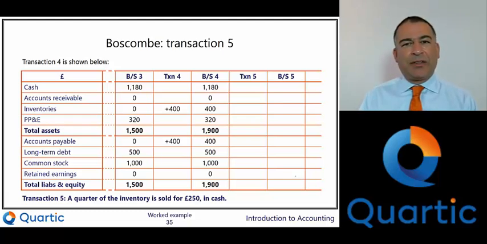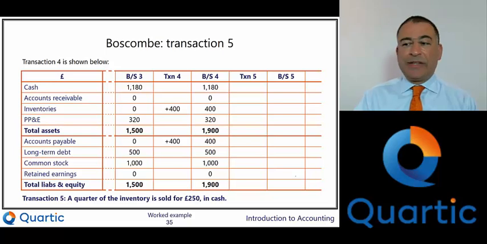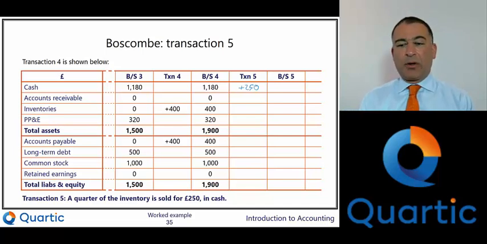Now, the first thing to do, let's try and work out what we can put in here. So transaction 5, we're selling a quarter of the inventory for £250 in cash. So let's just do what's easy. Cash goes up by 250. What next?